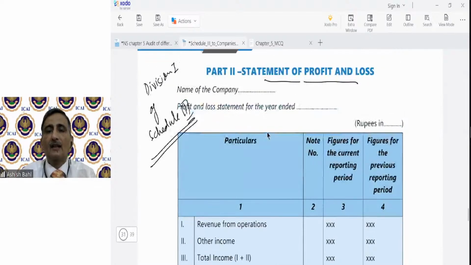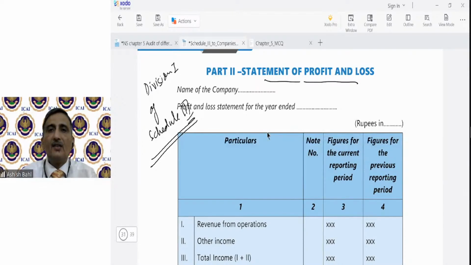So, this is the format of statement of profit and loss in case of companies in accordance with the requirements of Division 1 of Schedule 3 of Companies Act. Okay.